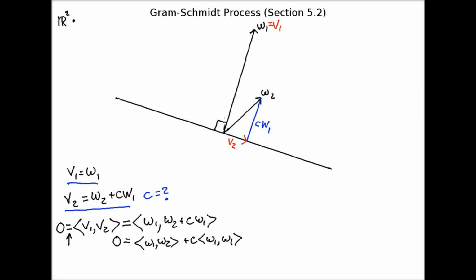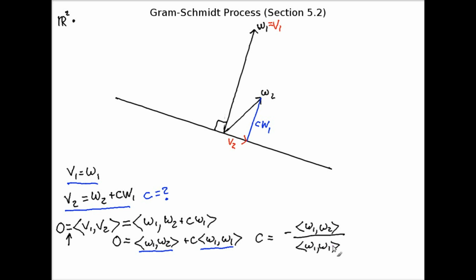It's always good when you have an equation like this to pause and think, is this reasonable? Well, let's see. I know W1 and W2, so I know this number, and I know this number, and therefore I know C. I simply take C equal to minus the inner product of W1, W2 over the inner product of W1, W1.